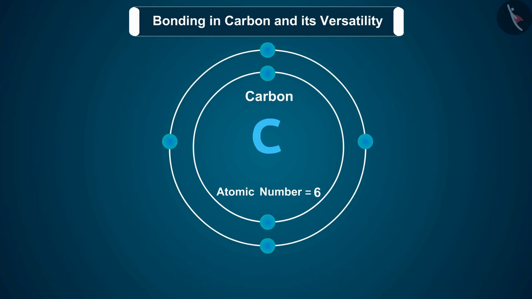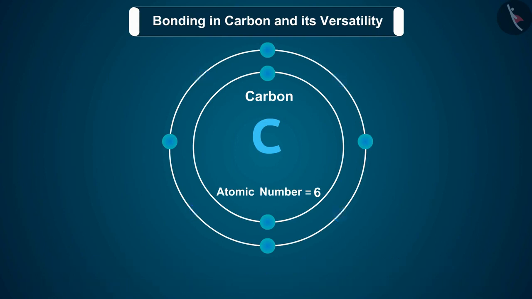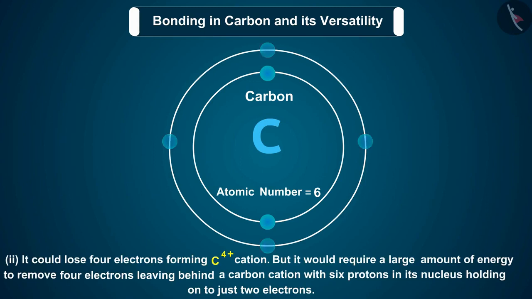Let's assume it were to gain or lose electrons. 1. It could gain 4 electrons forming C4- anion. But it would be difficult for the nucleus with 6 protons to hold on to 10 electrons, that is, 4 extra electrons. 2.